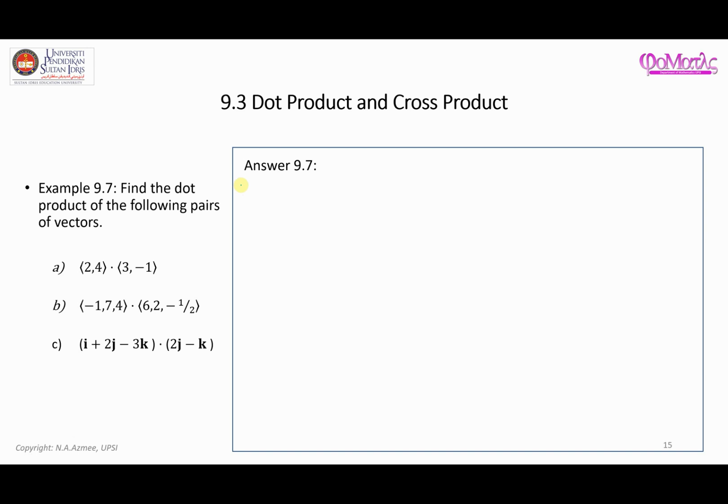We multiply them according to their components. So 2 times 3 is 6, plus 4 times -1 is -4, and the answer is equal to 2.